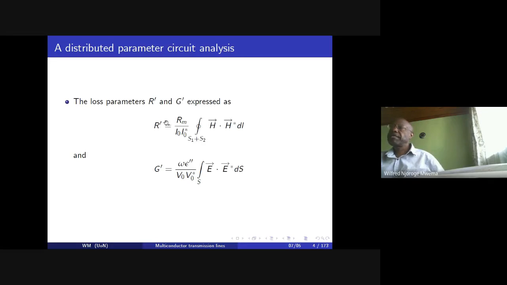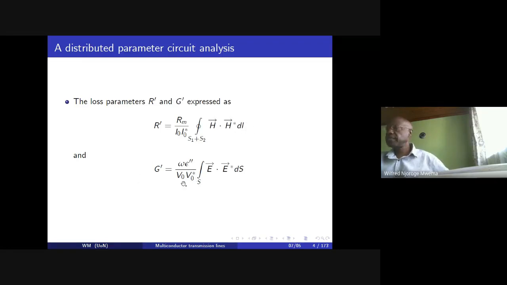The loss parameters R prime and G prime are expressed as follows. R prime is given by the surface resistance divided by the magnitude of the current squared, integrated over the surfaces of the first conductor and the second conductor, multiplied by the magnetic field intensity squared over those surfaces.